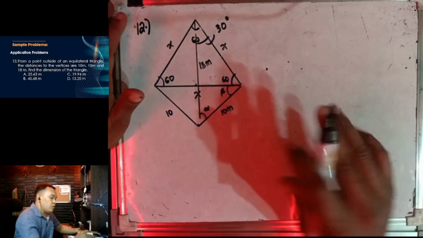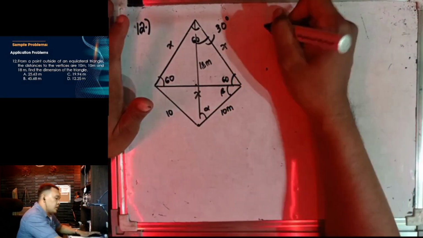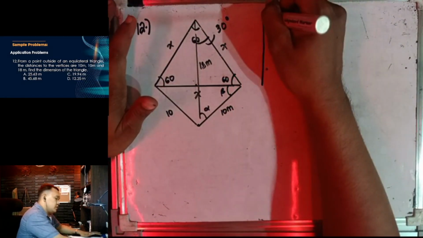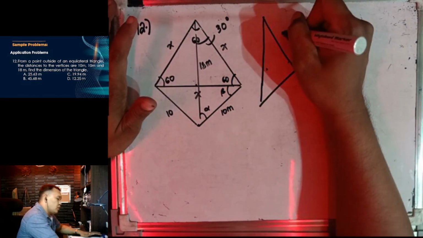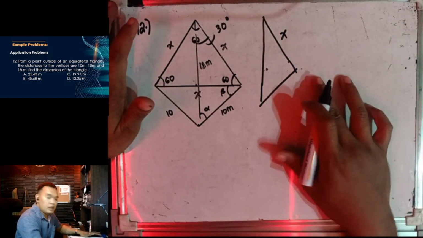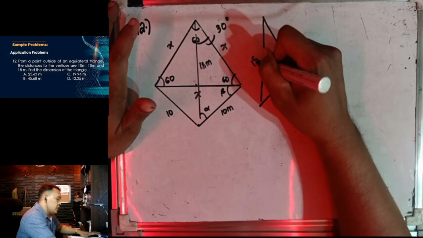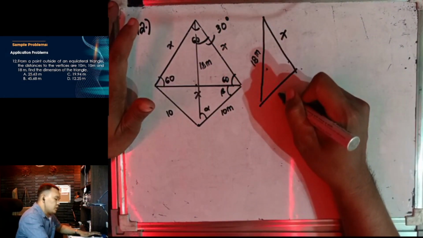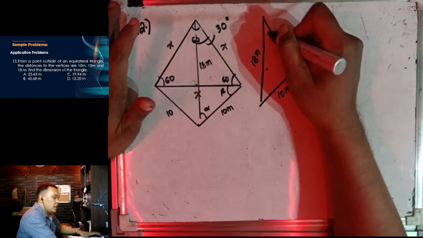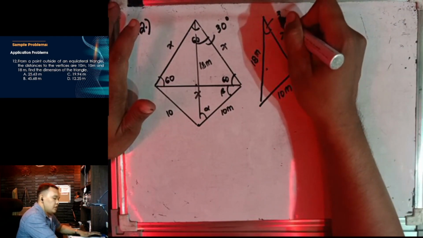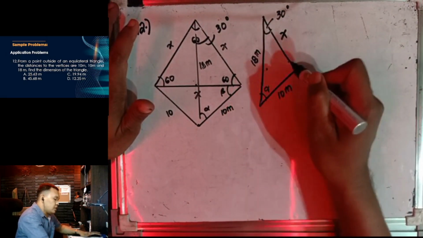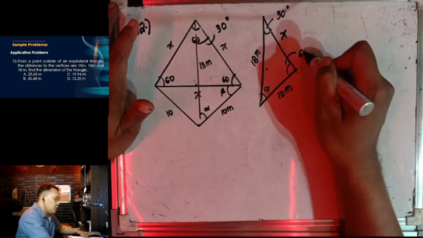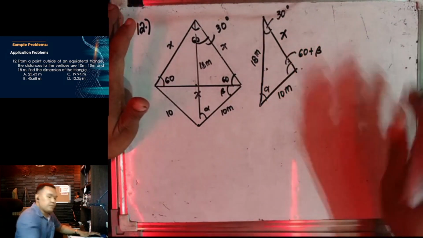Okay? So, i-isolate natin yung triangle. We have here this triangle. Ito ay x, which is the dimension of the triangle. The side here is 18 meters, and this one is 10 meters. The angle here is 30 degrees. The angle here is alpha, and this one is 60 plus beta. Okay?